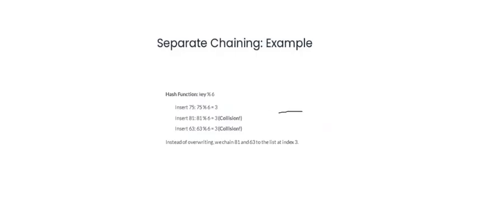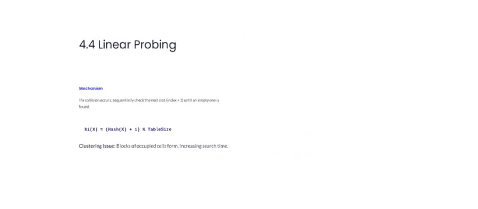Again, we create a link, and we have 63 there. This is called the separate chaining method. So this is one way collision can be resolved. Another method is called the linear probing method.